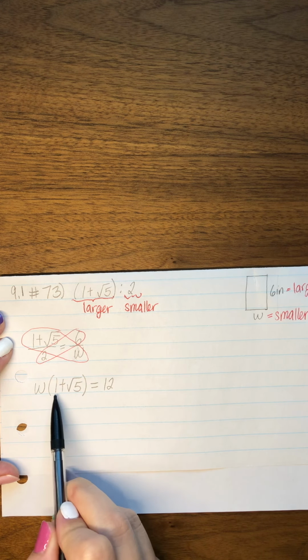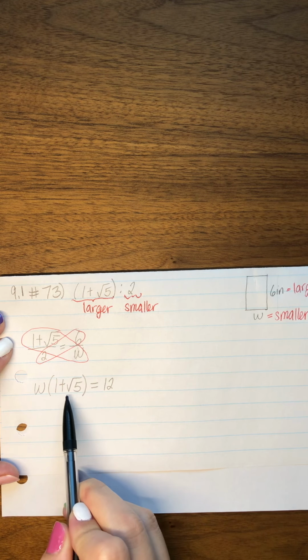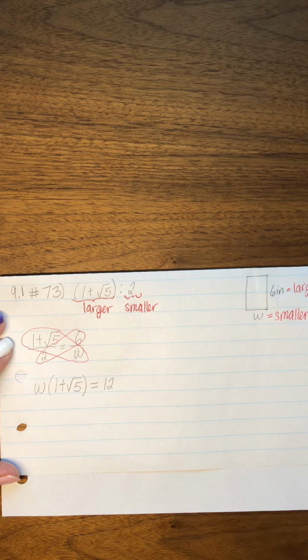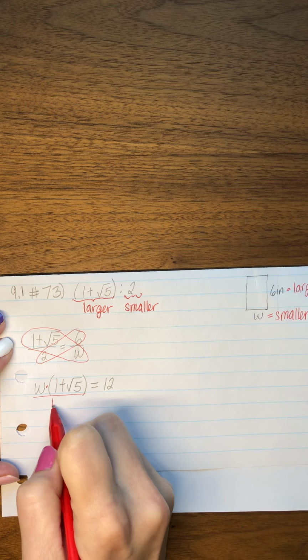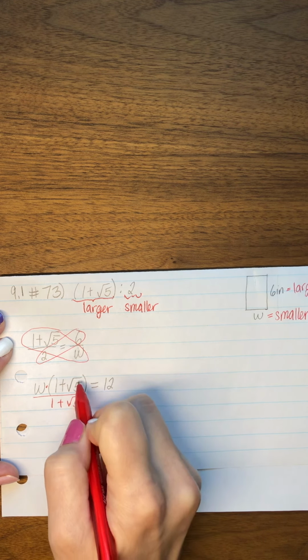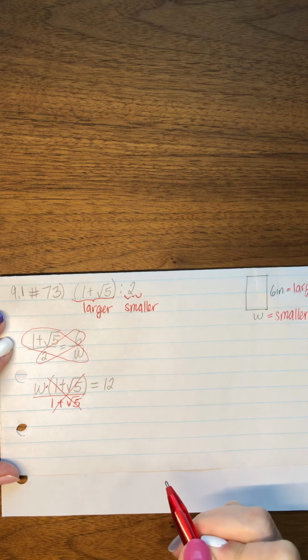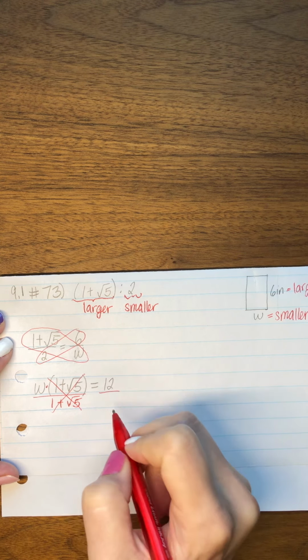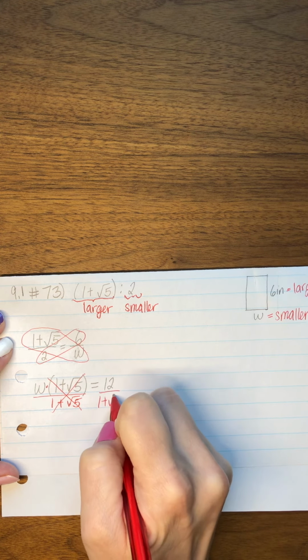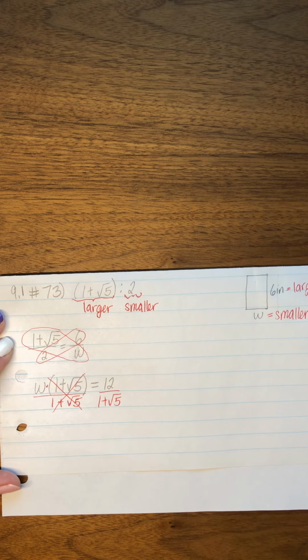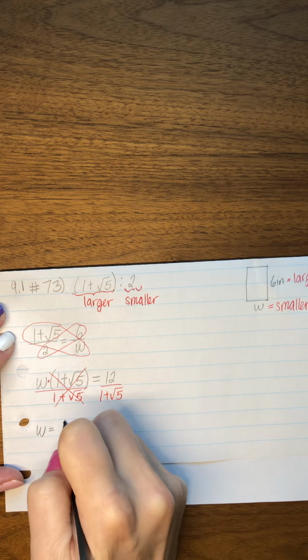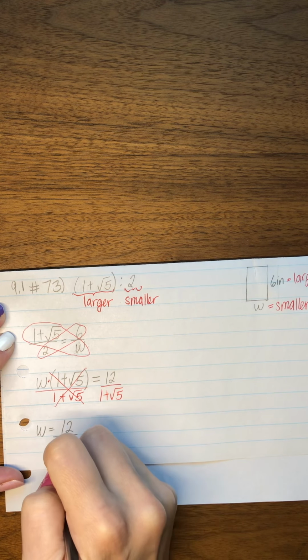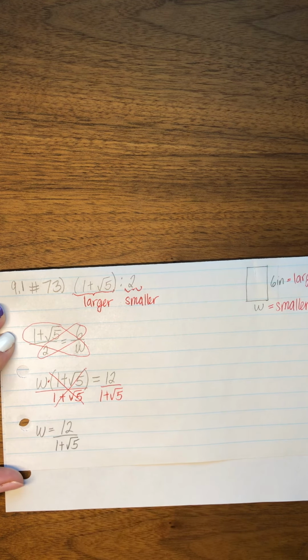Instead, let's get rid of this 1 plus radical 5. Because this is being multiplied, let's divide both sides by 1 plus radical 5, and I can get this quantity to cancel out. So now if I simplify, I have W equals 12 over 1 plus the square root of 5.